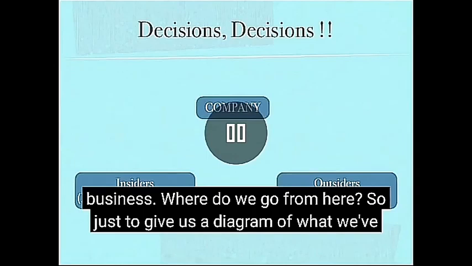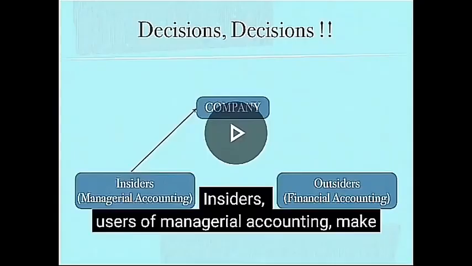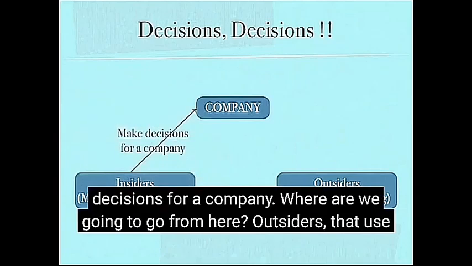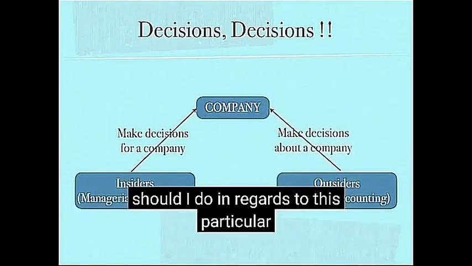So just to use a diagram of what we just talked about in making decisions: insiders, users of managerial accounting, make decisions for a company. Where are we going to go from here? Outsiders that use financial accounting information will make decisions about a company. So what should I do in regards to this particular company?